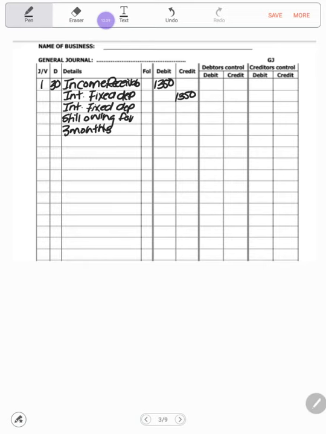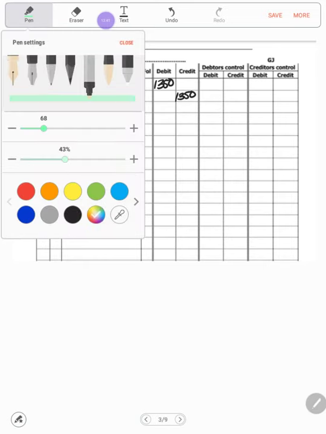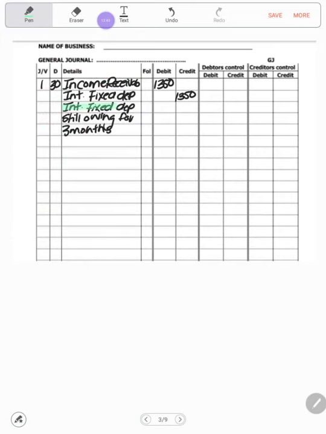That's a little bit of a long narration, but you will have space. It's got nothing to do with any debtors or creditors. That is why we will leave those columns blank.